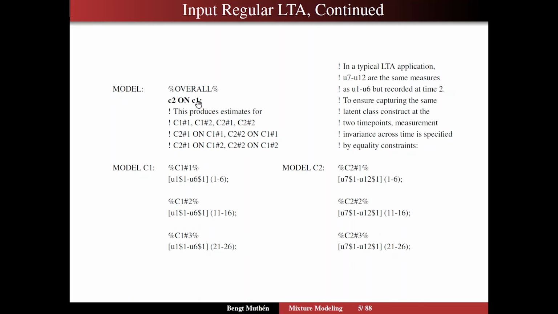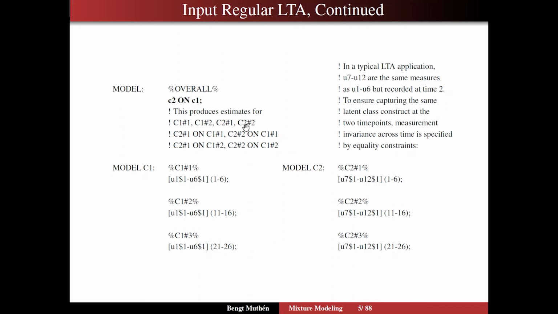That's what C2 on C1 implies, but it also implies these values for C1 and C2. So C1 class 1 and C1 class 2, those are the initial status logits producing the initial status probabilities.